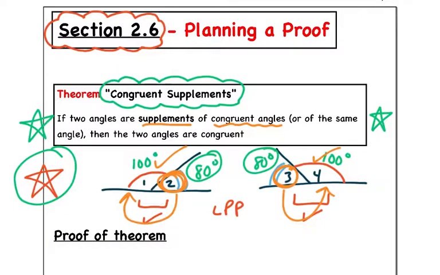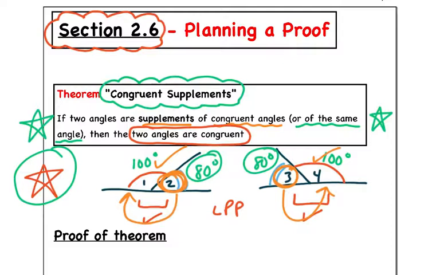So if angle 2 and angle 3 are both supplementary to two angles that are congruent to each other, 1 is congruent to 4, or possibly if they're supplementary to the same angle, then you could say that angle 2 and angle 3 are congruent. Then those two angles are congruent. So because 2 and 3 are supplements to two congruent angles, then 2 and 3 have to be congruent themselves.